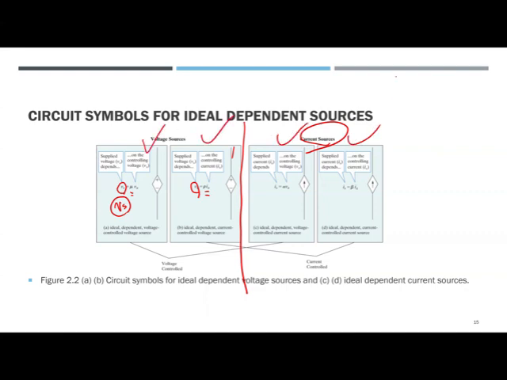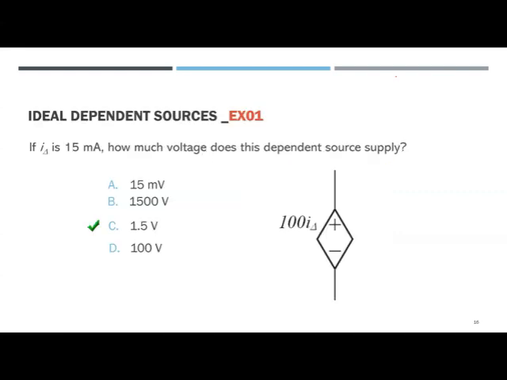You have to memorize and practice to become more familiar with the function and shape of each voltage and current dependent source. All right, here are a few really simple questions to make the concept clear. First of all, if I sub delta is 15 milliamps, how much voltage does this dependent source supply?